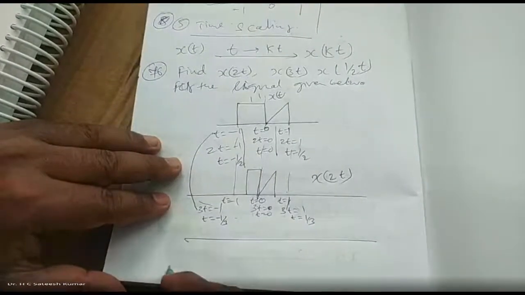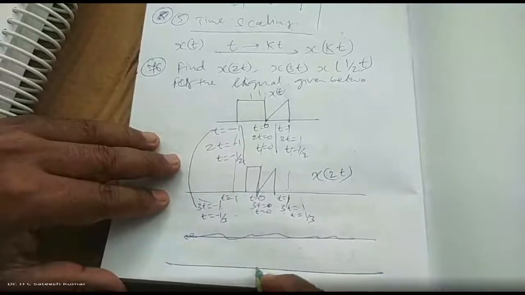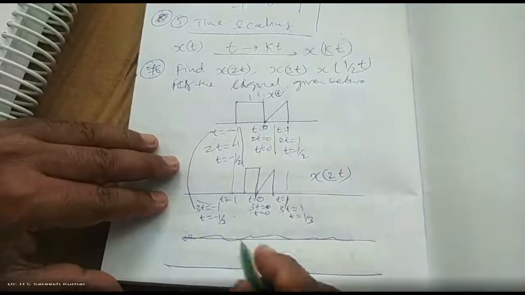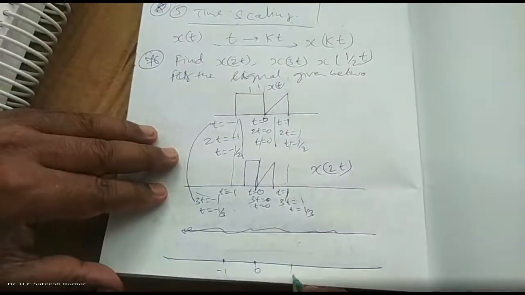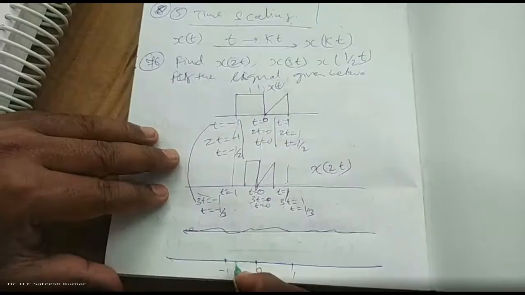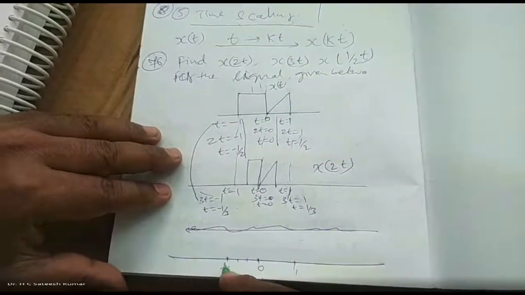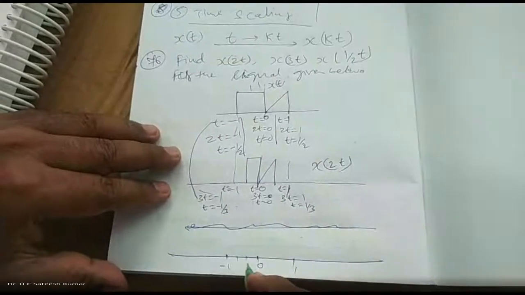So we can say that 0 will be at 0, and this will be at 1 by 3. This is, let us say, minus 1 and this is plus 1. What is 1 by 3? It is nothing but dividing 1 into 3 parts. One part, if you take it, is 1 by 3. So this is 1 by 3.